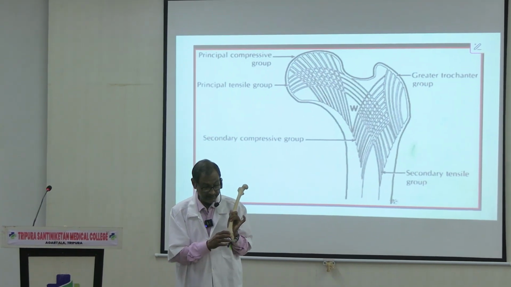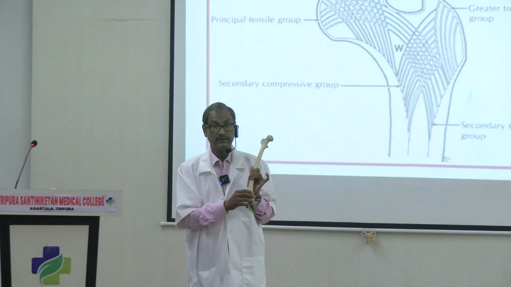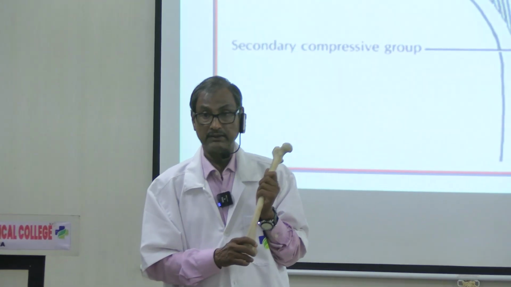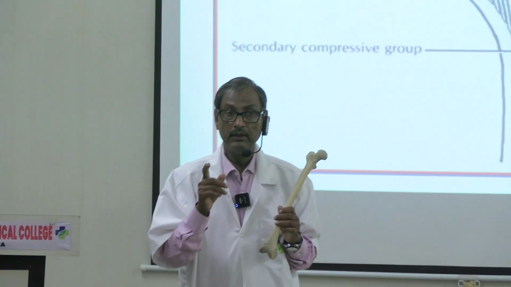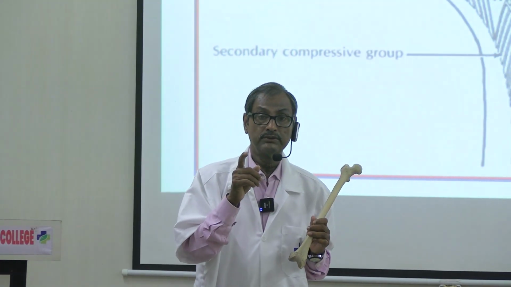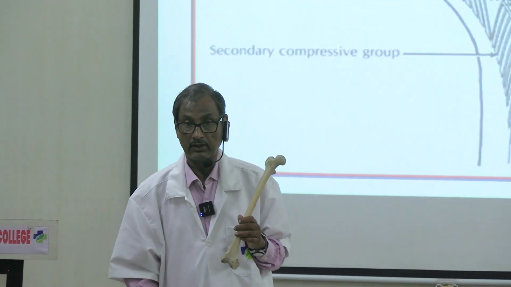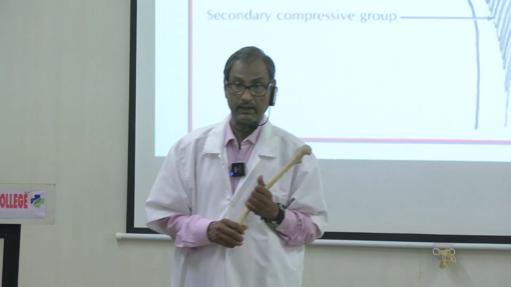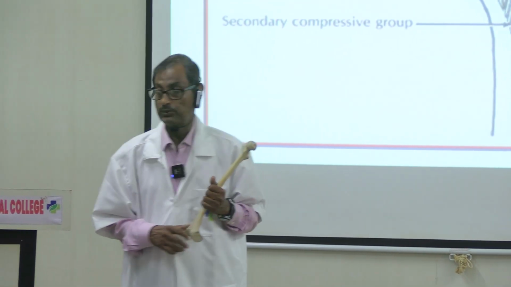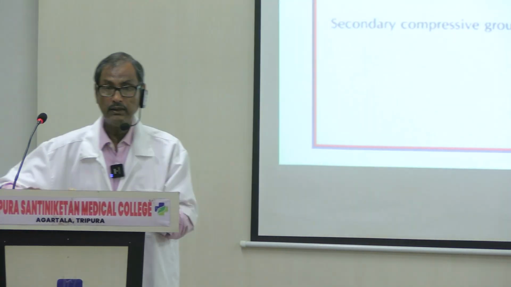The epiphyseal area, metaphyseal area, then physis. So the metaphyseal area is cancellous bone, and pure cancellous bone, number 1, is the calcaneum. So spongy bone and cortical bone.